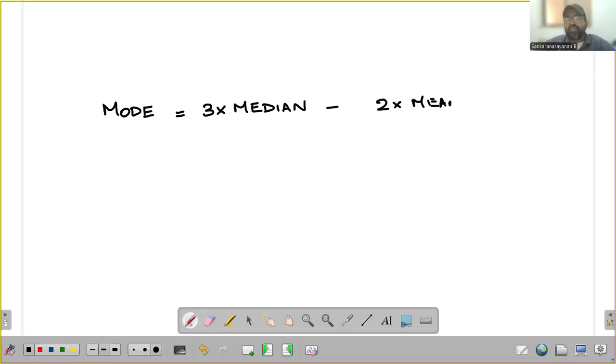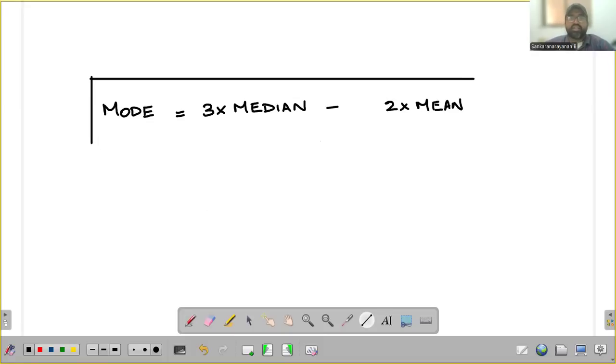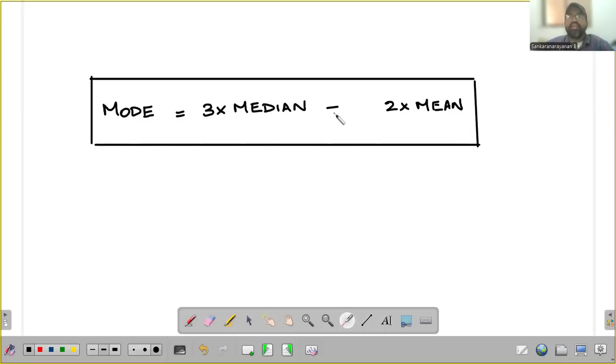Just by knowing this formula, you will be able to answer questions very easily. This is an important result, and that is what we are quickly considering in this lecture. So make a note of this. Mod is equal to 3 median minus 2 mean.